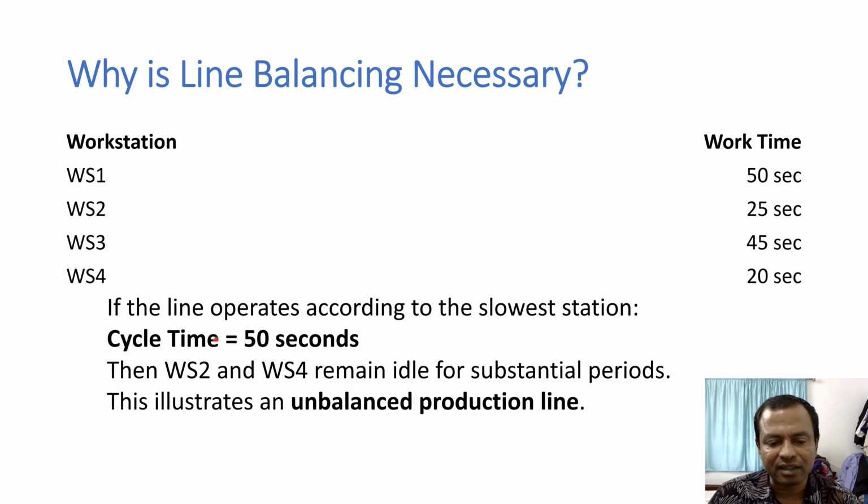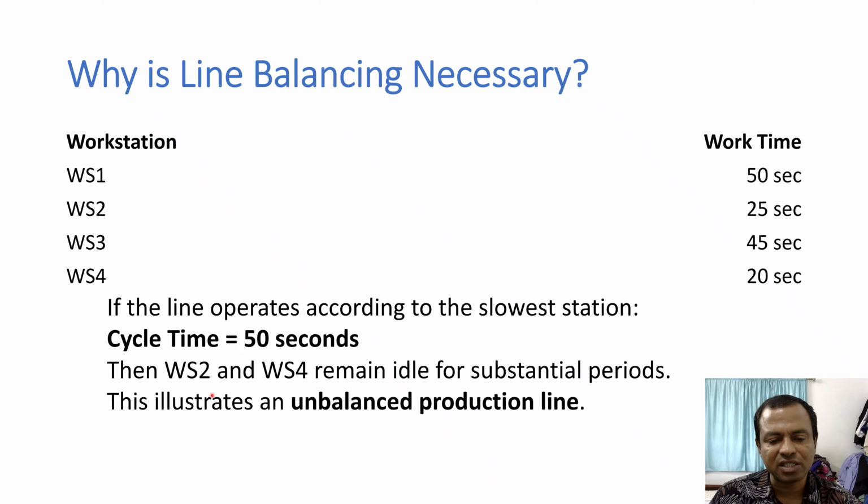If the assembly line operates according to the slowest station, then the cycle time, the time required to complete the work, will be equal to 50 seconds, because the slowest workstation here is workstation 1 with 50 seconds. So that will decide the cycle time. So 50 seconds is the cycle time.